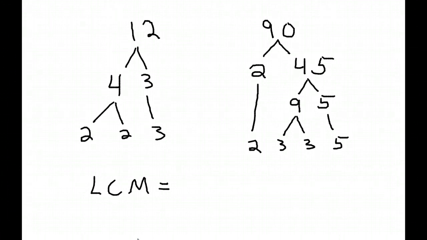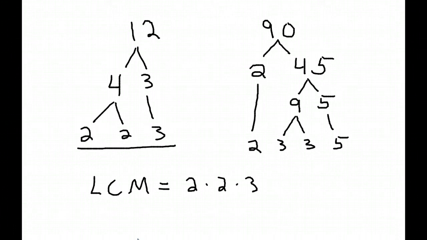Now I'm not looking for the GCF, the greatest common factor. I want the least common multiple. So here's how you do that. You write down all of the factors of the first number: 2 times 2 times 3. Now that represents the number 12. So as long as I have 2 times 2 times 3 listed, I know 12 will go in there, because 2 times 2 times 3 is 12.